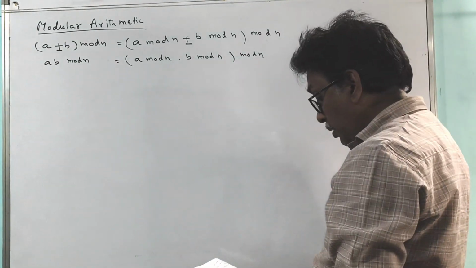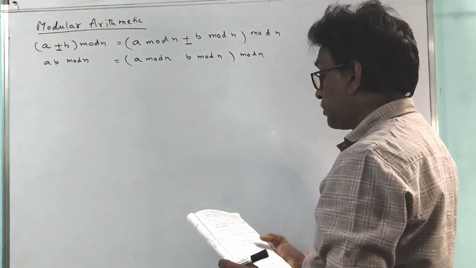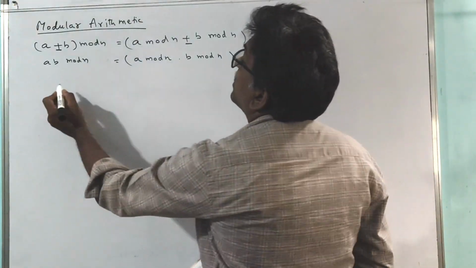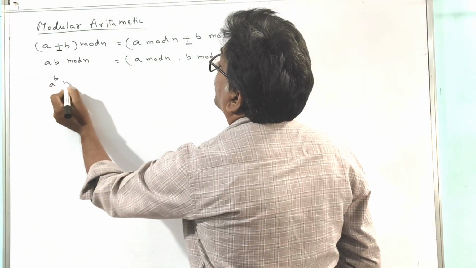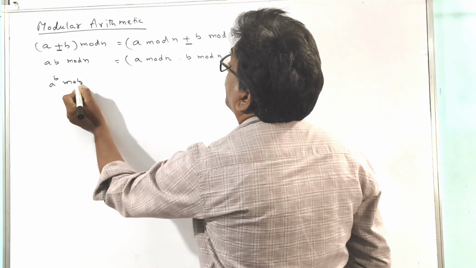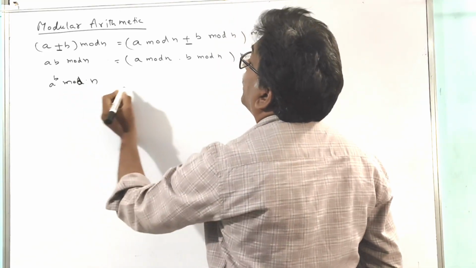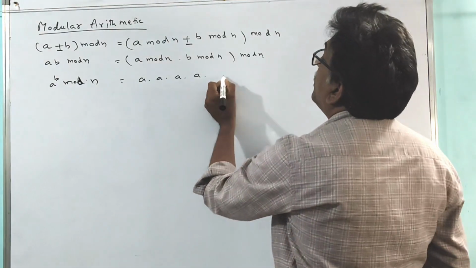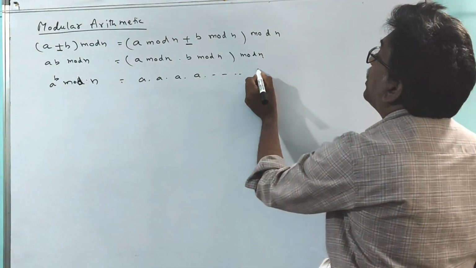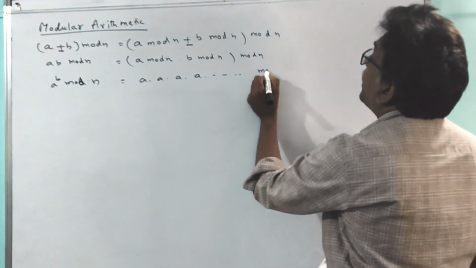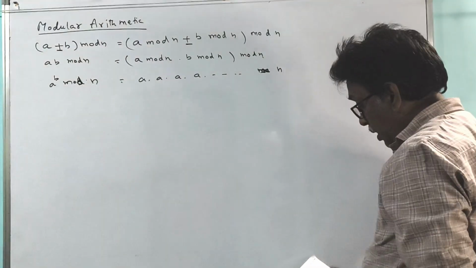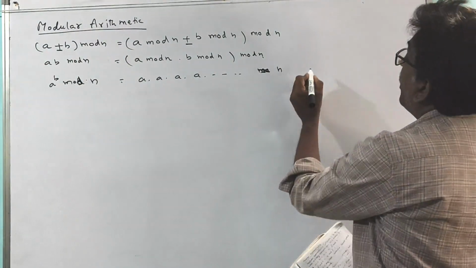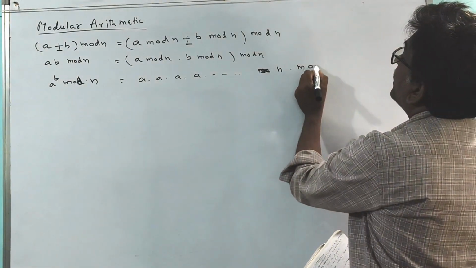And we have the modular exponentiation rule, that is a power b mod n. If you write it like this, a into a into a into a, up to n times, we need to write mod n.